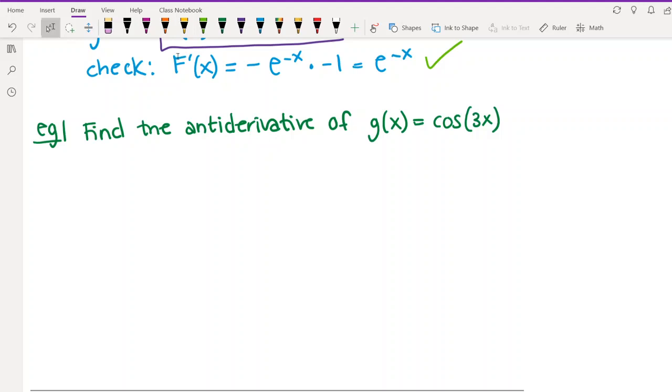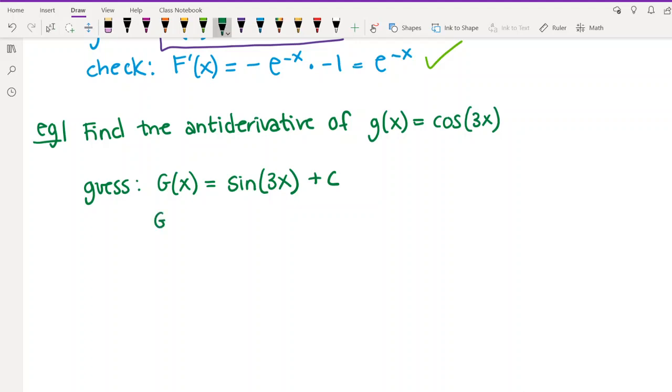Again, I would recommend guess and check here, so let's make our first educated guess. I know that the antiderivative of cosine of x is sine of x. If it was just cosine of x, the antiderivative would be sine of x plus c. So I might guess sine of 3x.